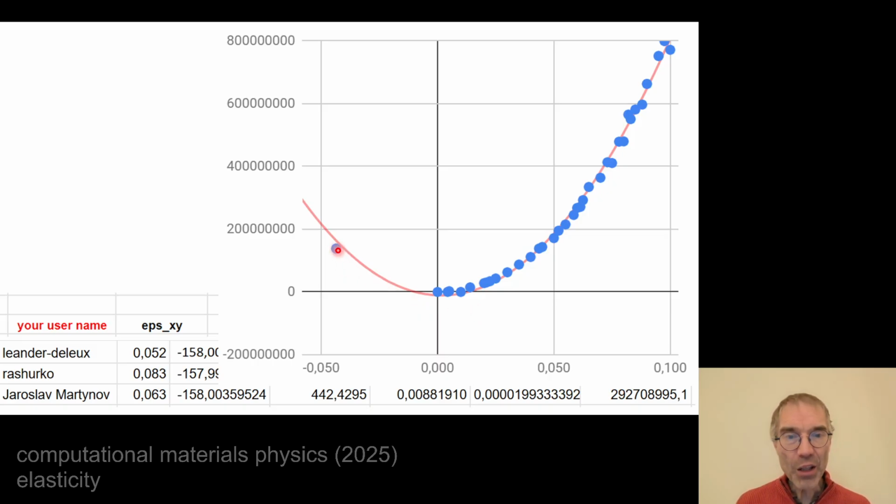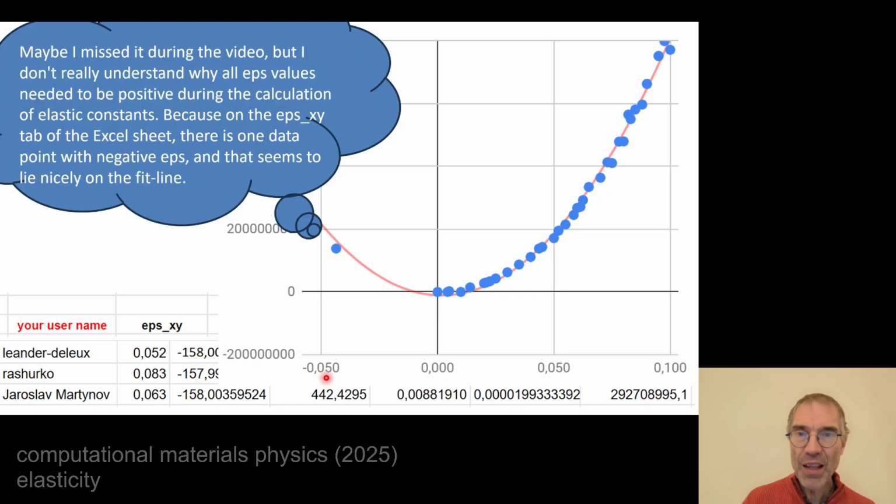And you see here one data point at a negative strain, and somebody asked a question about that. Since somebody wondered, we were asked to do only positive strains, but why? Because I see on this picture that if you do a negative strain, your parabola continues.